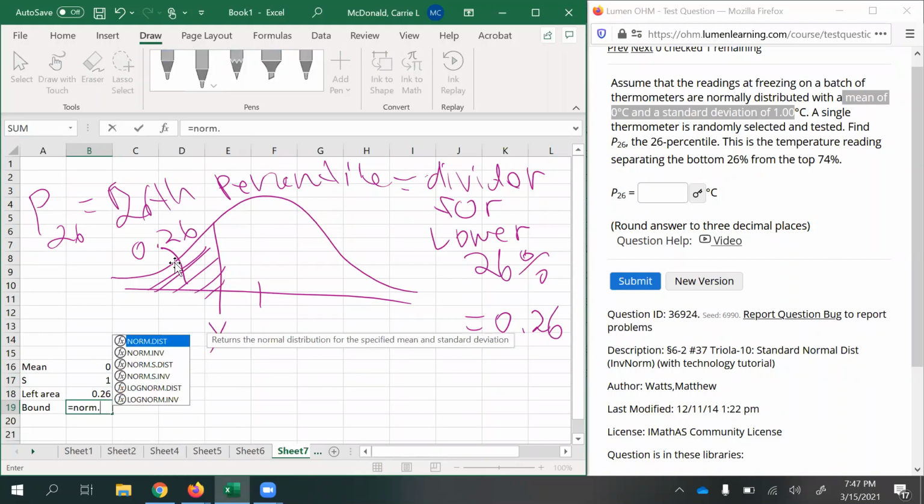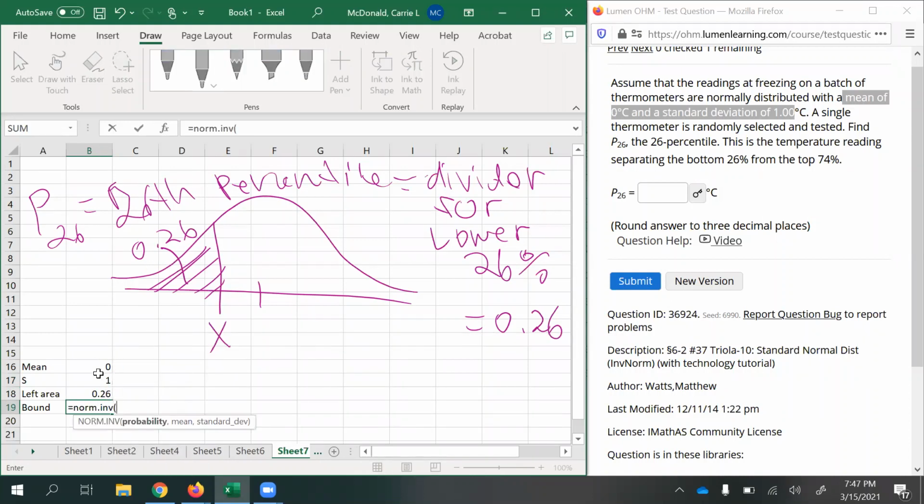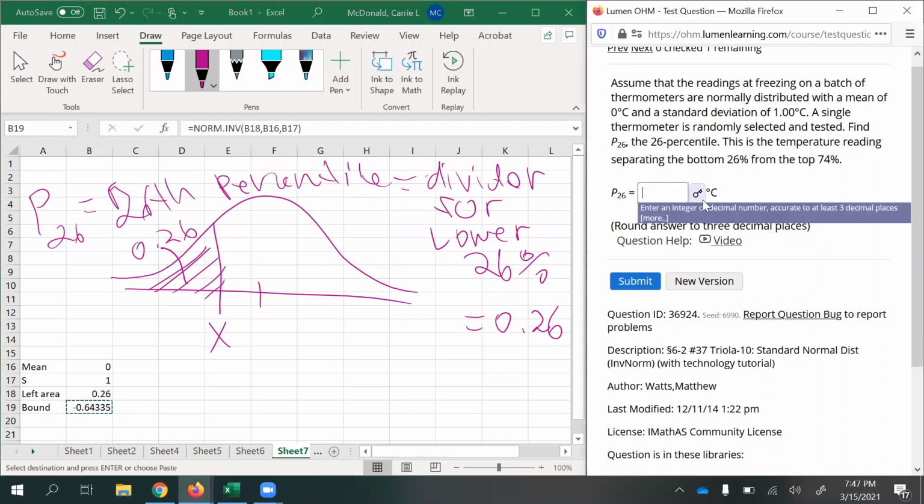And then we use NORM.INV with the 0.26 probability, the mean of 0, and the standard deviation of 1. And that gives you the boundary that you needed, in degrees Celsius. It says to round to 3 decimal places. So we'll round that to 0.643.